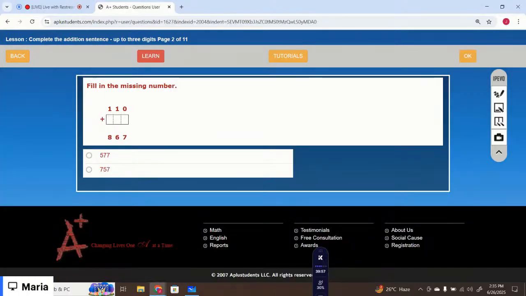Given the missing number, you have to subtract the given number from the sum, so then you can find the missing number. So which is the correct option?